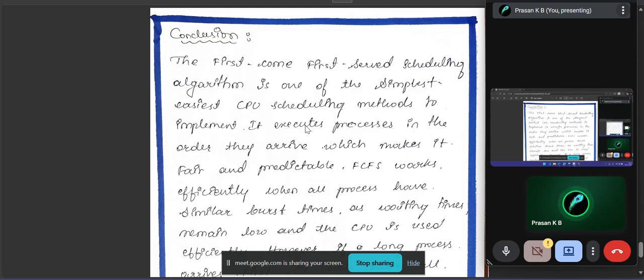The analysis revealed that while FCFS is easy to understand and implement, it is not always efficient for systems requiring optimized response times. The convoy effect significantly affects performance when process arrival patterns vary. Overall, the assignment enhanced understanding of CPU scheduling behavior and demonstrated the practical implications of scheduling decisions.